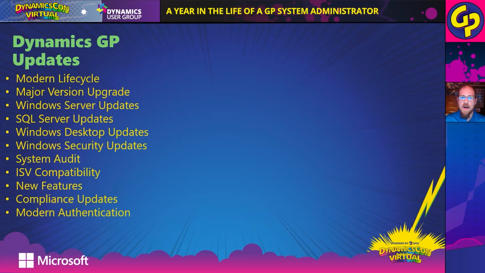And we've had those in the past affect Dynamics Great Plains users in broad swaths. So, when you do an update, sometimes it's not even yours. It's Windows that performed an update, and it might force you into a security or a troubleshooting stance. That could happen at the server level. It could also happen at the anti-malware or at the security level inside of Windows or on the laptops, desktops.